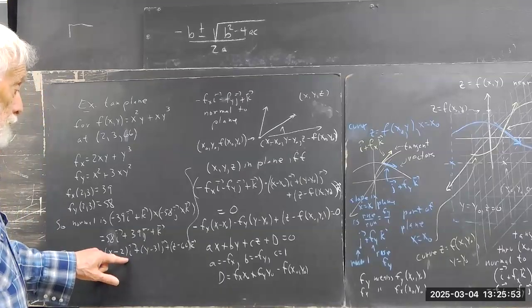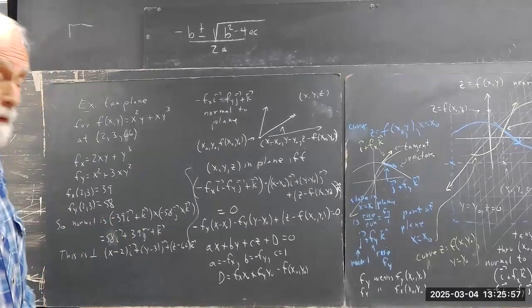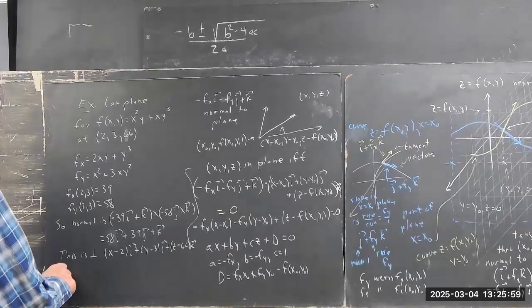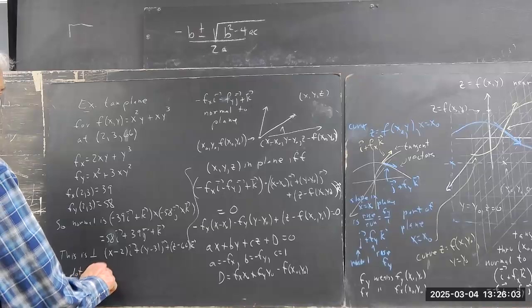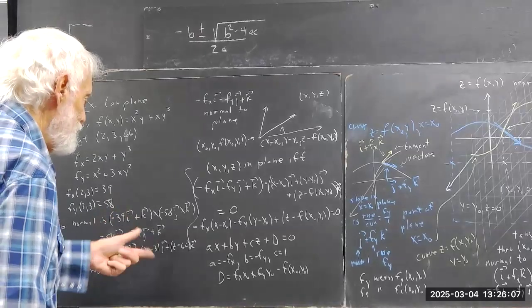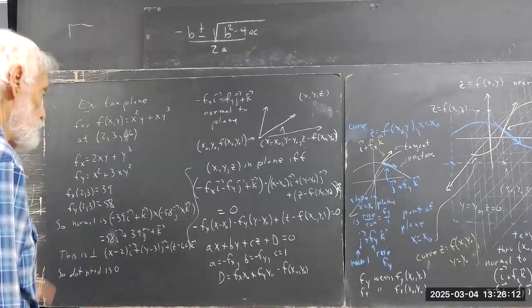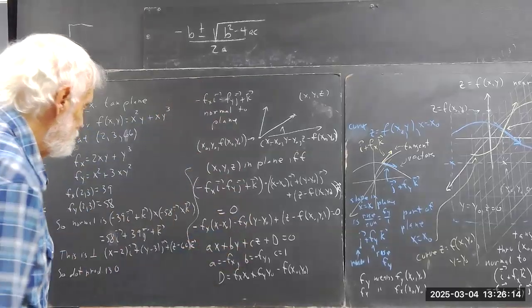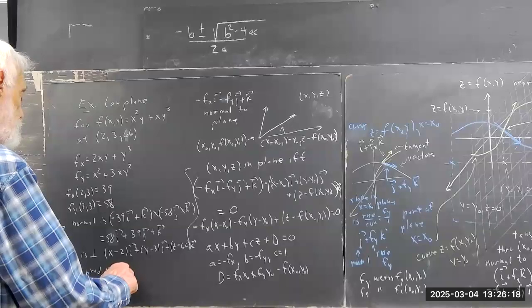And that vector, which is in the plane, has to be perpendicular to the normal vector. So the dot product is 0 because this is supposed to be normal to any vector in the plane. I don't have room to write that out, but it was stated over here. Dot product is 0.